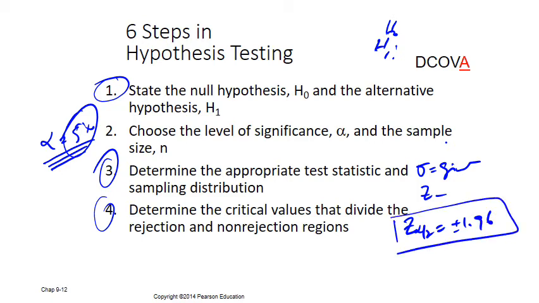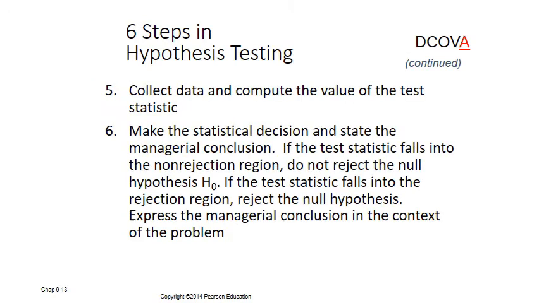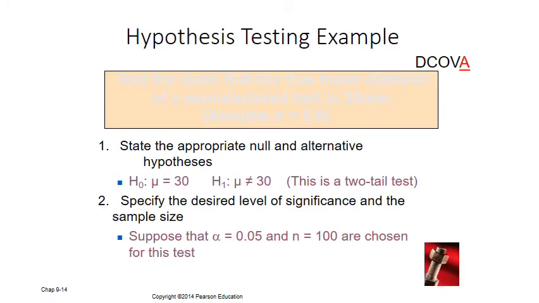You should know how to calculate it, otherwise you can directly write it. Collect the data and compute the value of the test statistic. In step 5, you will substitute the values in this formula and calculate the z statistic. Then make the statistical decision. I will explain how to make the decision in the example.